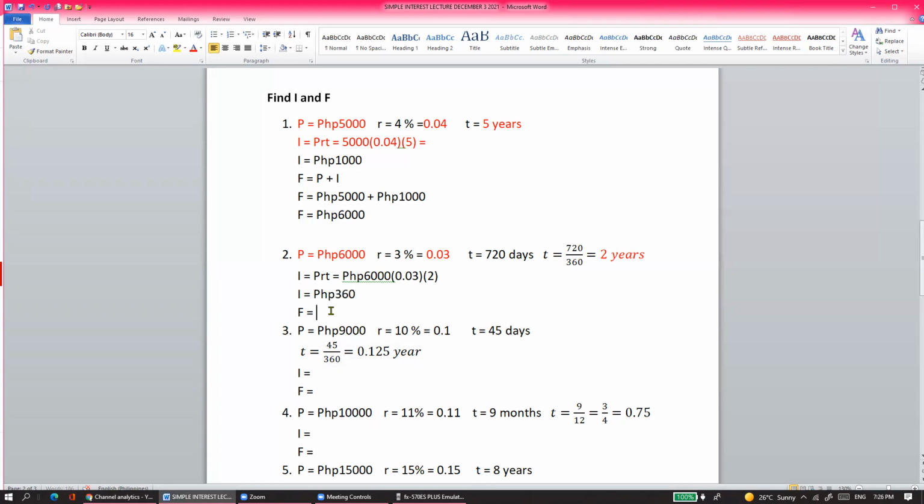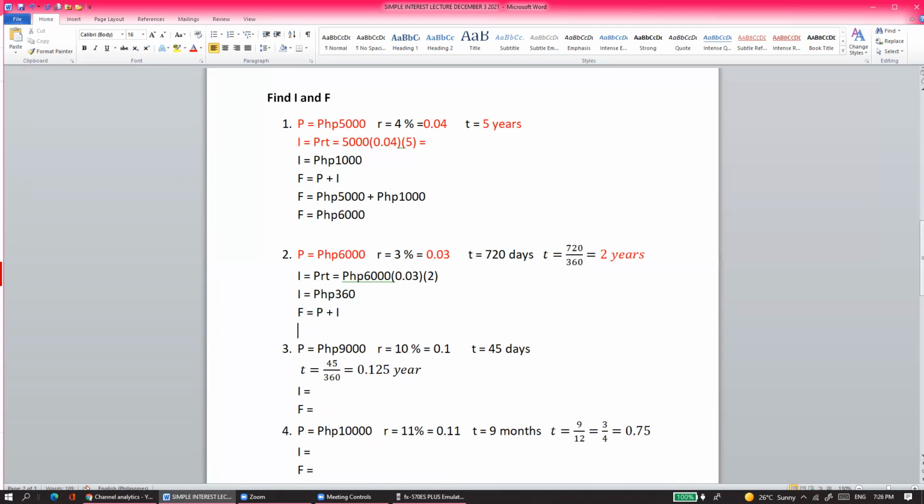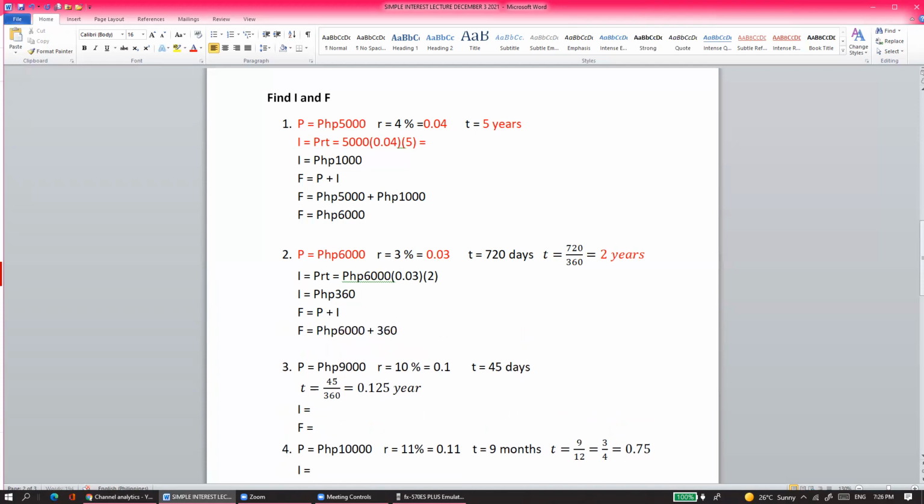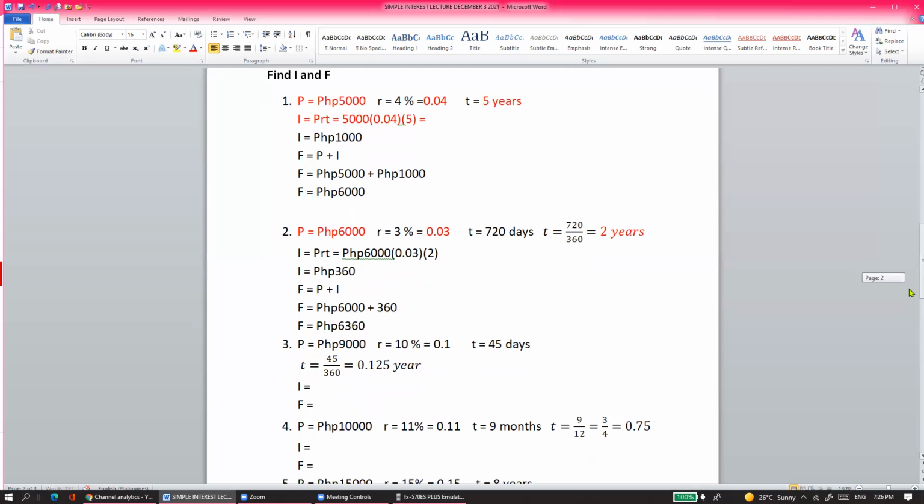And then for the F, to calculate is we have P plus I. F is equal to PHP 6,000 plus 360. And then F now is equal to PHP or peso 6,360. So yun yung mga na-calculate natin.